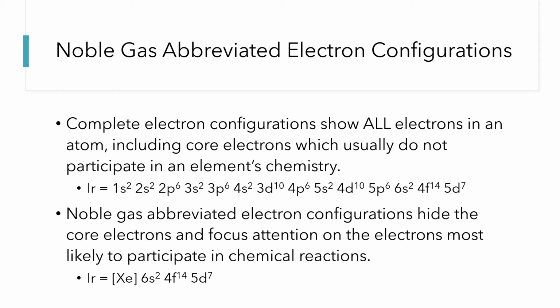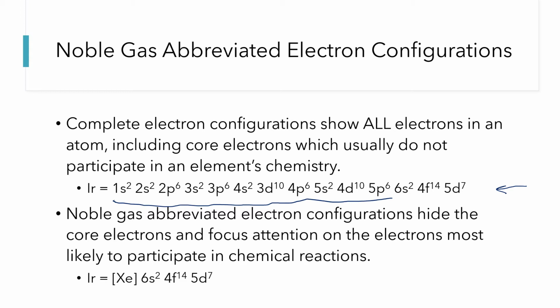So this line right here is showing us that full electron configuration for iridium. And if you go all the way out to 5p6, which is all the way out to here, those electrons in that pattern are arranged exactly the same way that the electrons are arranged in the element xenon.